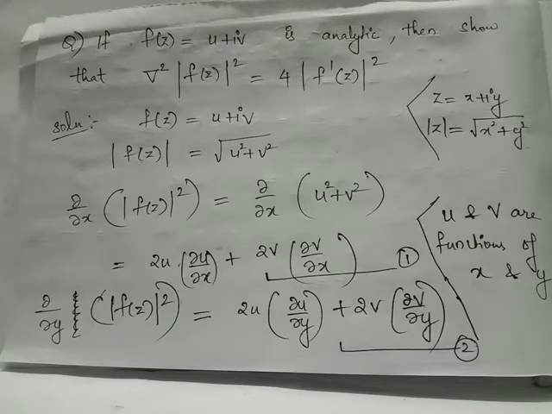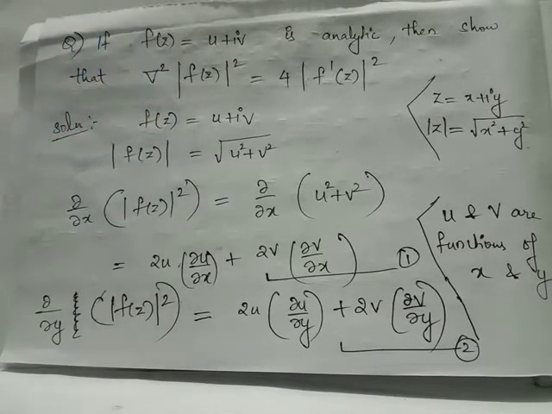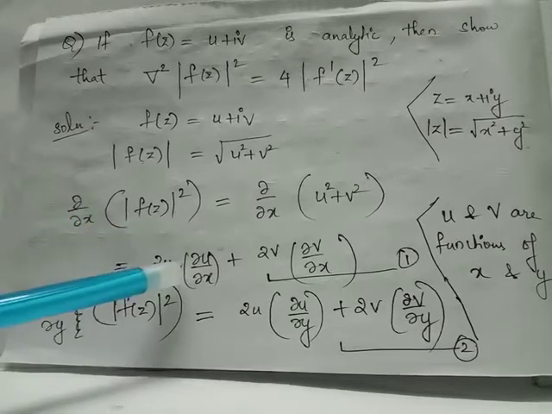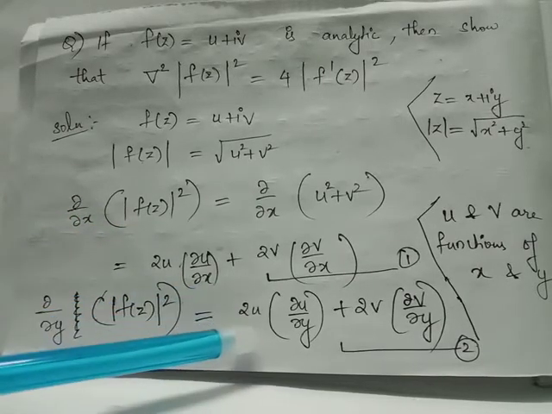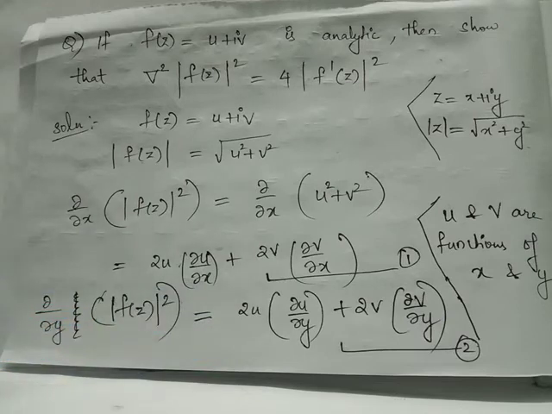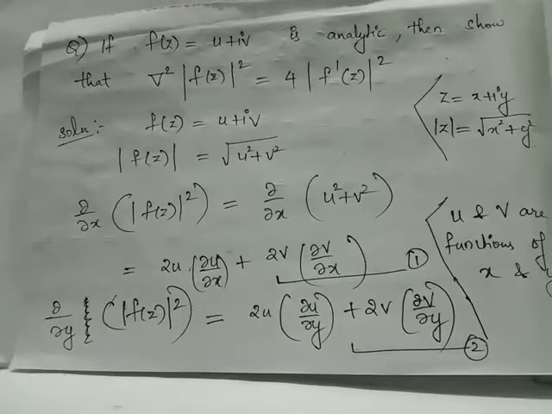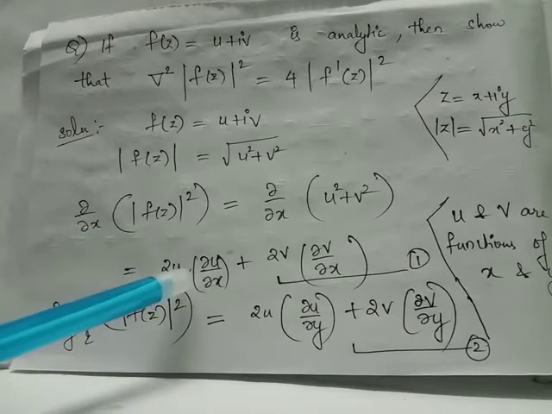Since we are looking for the expression of Laplacian operator operated over modulus of f of z the whole square, we again have to take dou by dou x of this answer and dou by dou y of this answer so as to get the expansion of del square. When we evaluate dou square by dou x square of modulus of f of z the whole square, we will be operating dou by dou x on the RHS of equation 1.